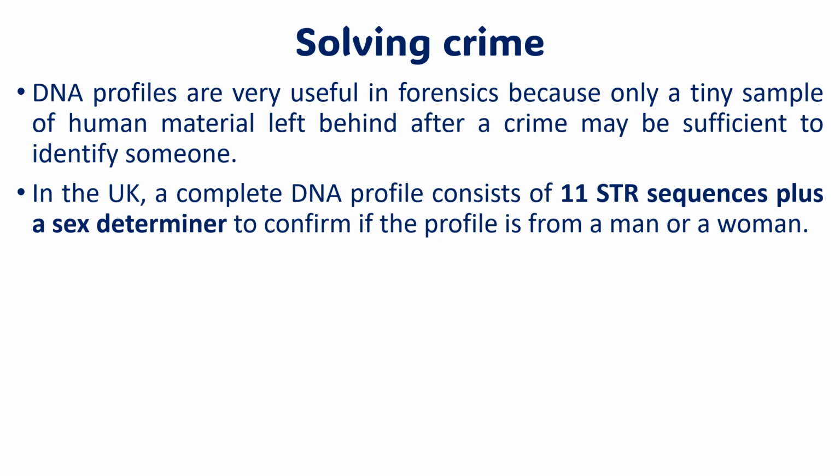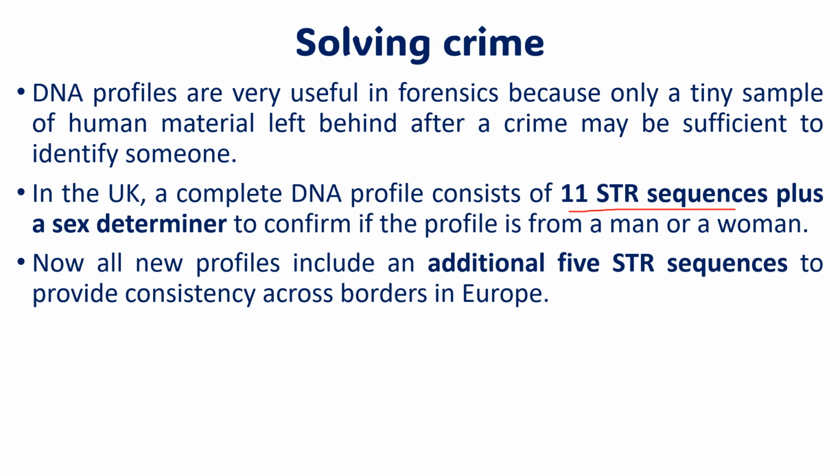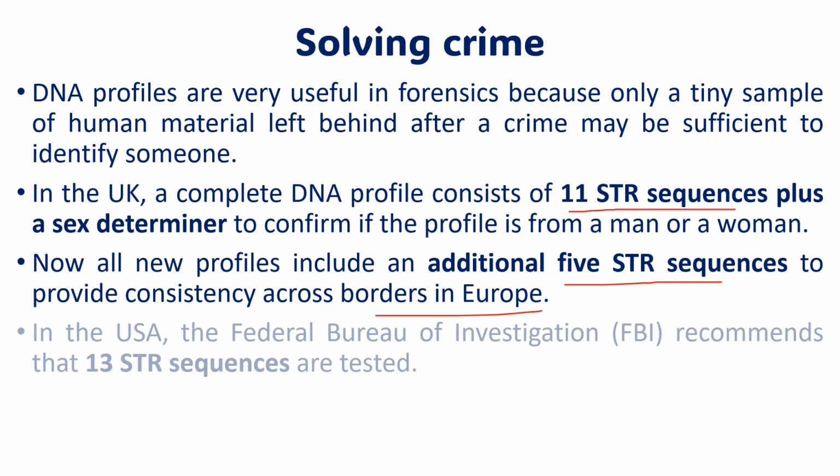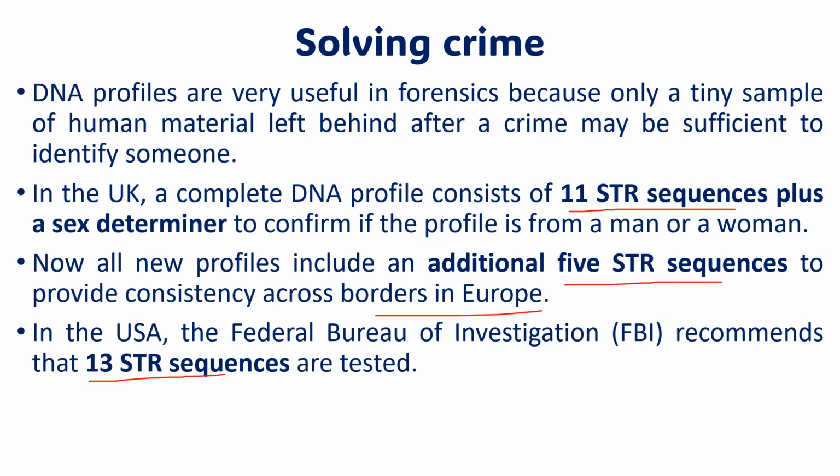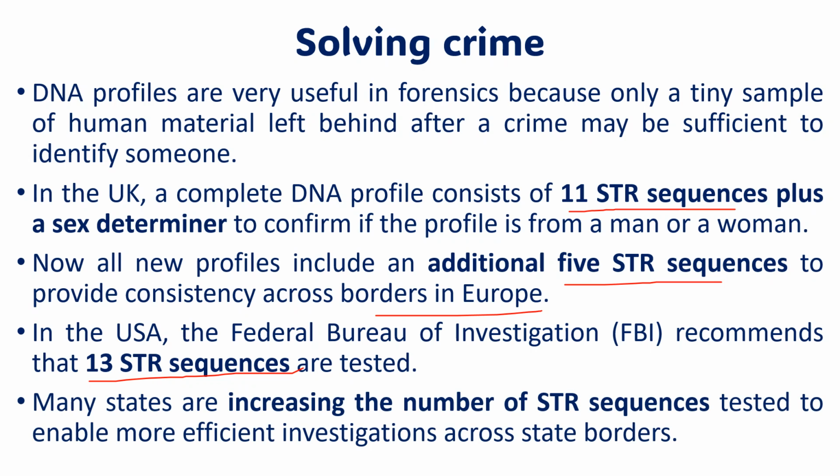In the UK, a complete DNA profile normally consists of 11 short tandem repeat sequences plus a sex determiner to confirm whether the profile is from a man or a woman. Newer profiles include an additional 5 STR sequences, especially in Europe. In the USA, normally 13 STR sequences are used. Many states are increasing the number of STRs so that better results will come.